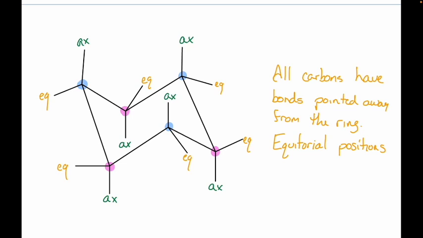All right. Now I'm going to take my ring structure here, and I'm going to replace all my axial positions with green marbles so we can watch them.